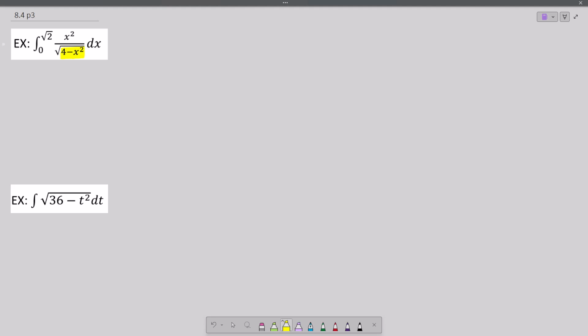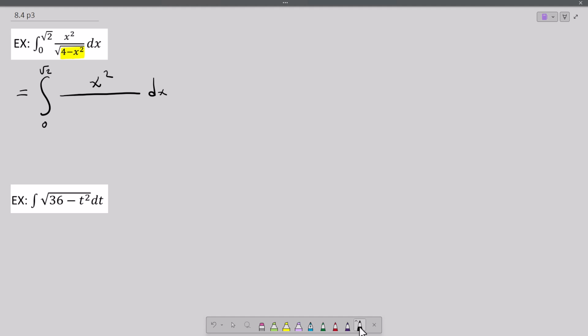But first we have a little bit of algebra. Like I said, I want it to be a difference or sum of squares with a 1. So I want to get rid of that 4. So here's how that can be done. We have the integral from 0 to root 2, x squared in the top, dx over there, and in here, I'm going to factor out the 4.